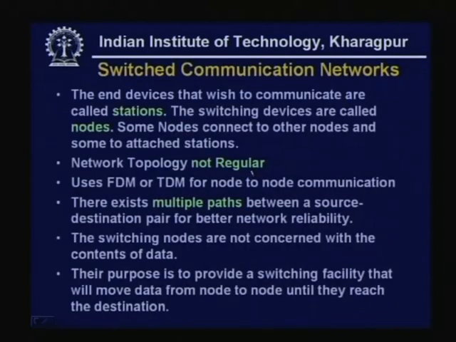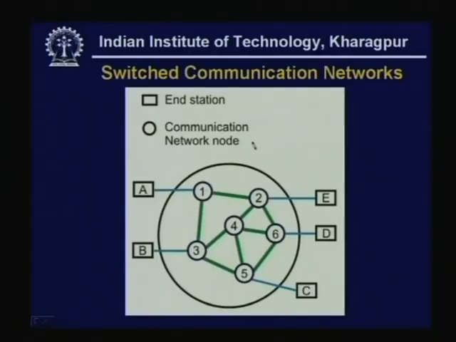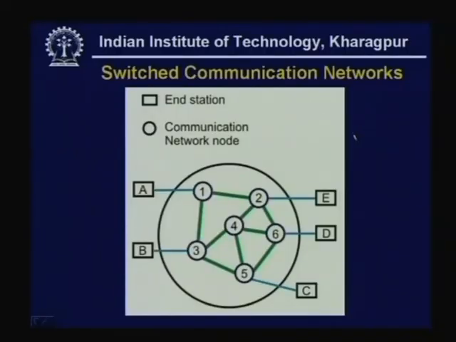How it is done? As you can see, network topology is not regular. So, earlier I had shown you the mesh topology. There are other topologies such as bus topology, ring topology, star topology, like this. Say bus topology is like this. Say you have got a bus, onto that you can connect all the stations.